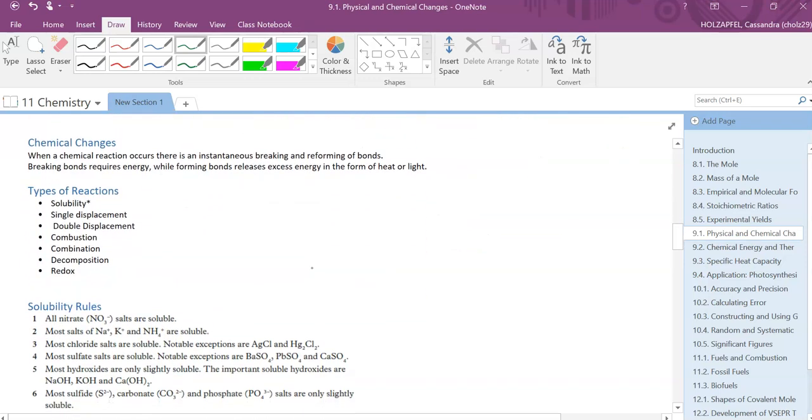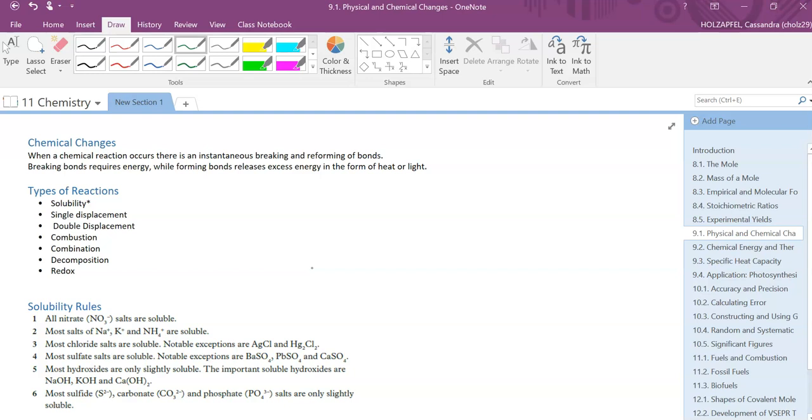All right, so chemical changes. We've spoken before about how when anything reacts, we have this breaking and reforming of bonds, and it takes energy to break bonds. But once we reform those bonds, then energy is released again, in the form of heat or light.